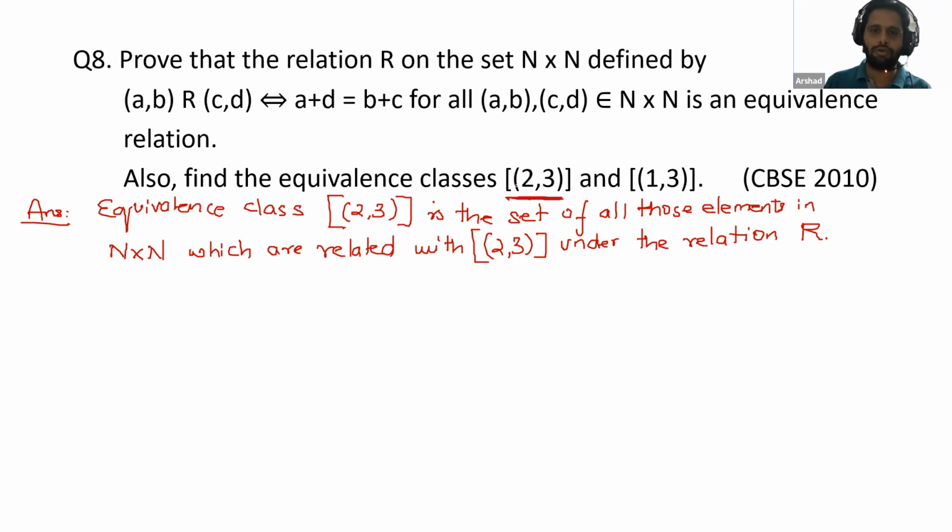This means you need to find all the elements which are related with 2 comma 3 under the relation R.